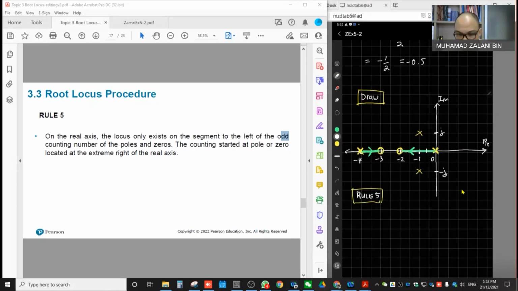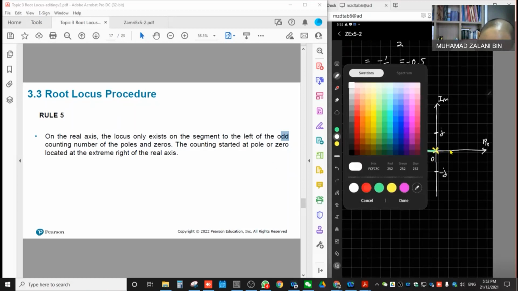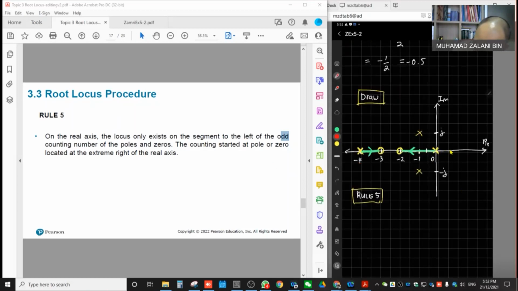How do we draw it? It is based on the angle of asymptotes, measured from the horizontal line. The first angle is 90 degrees, which is this angle.